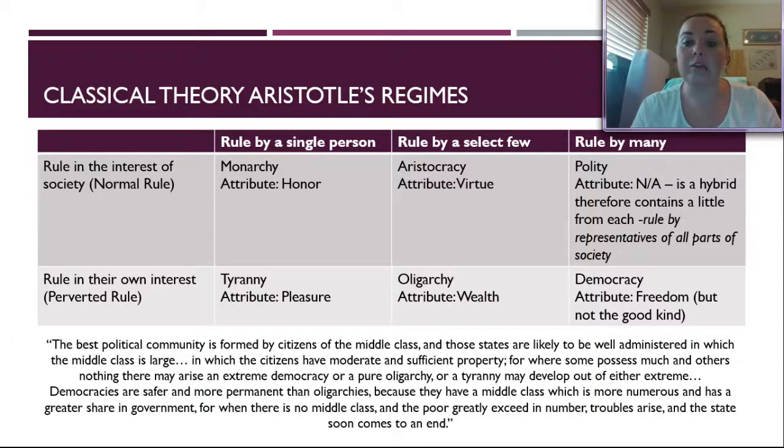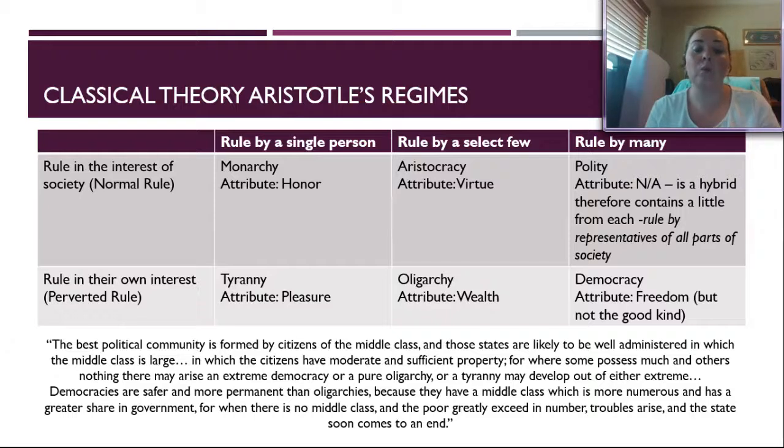And you'll see that the perverted version of polity is a democracy. And that's because you have to remember the time. At this time, you could refer to a democracy as like a mobocracy, having everybody compete, too many cooks in the kitchen. Everyone's interests are clashing, and it's very difficult to get things done. They have too much freedom to do their own thing.